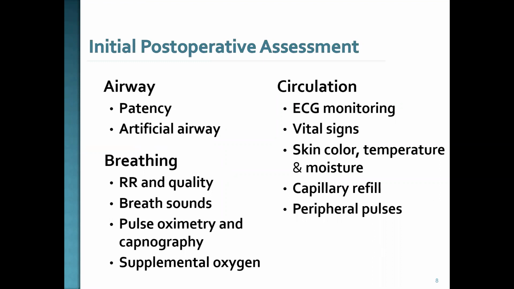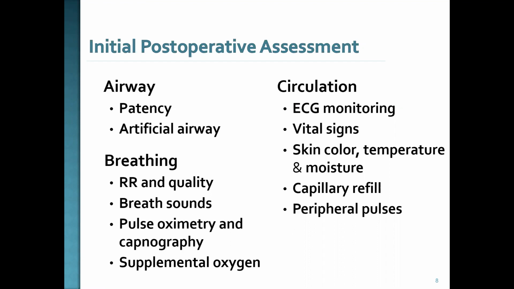So first on our assessment list would be our ABCs: airway, breathing, and circulation. We're going to review each system when we take the patient into the first recovery phase. All systems should be assessed for the patient. Pulse oximetry monitoring is a non-invasive way of measuring oxygenation.